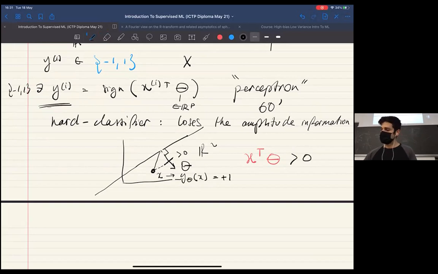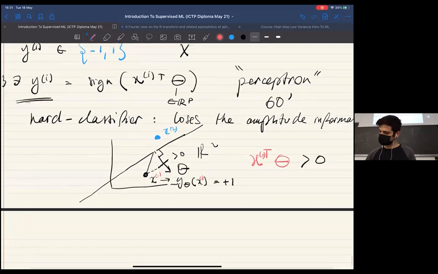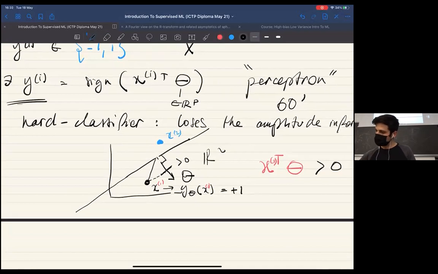If instead I have a point, let's say, which is there, this is x2, this was x1. Now the orthogonal projection of x2 onto this vector theta is here.